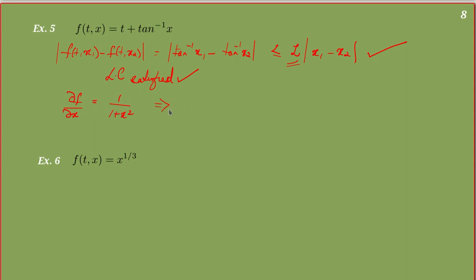The magnitude of 1 by 1 plus x squared is bounded for all values of x, so it is less than or equal to some k. Since the derivative exists and is bounded by some k, the Lipschitz condition also holds here.